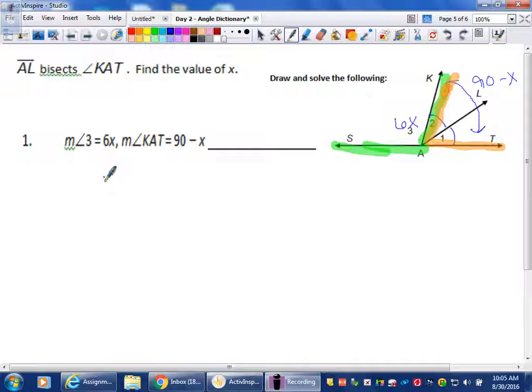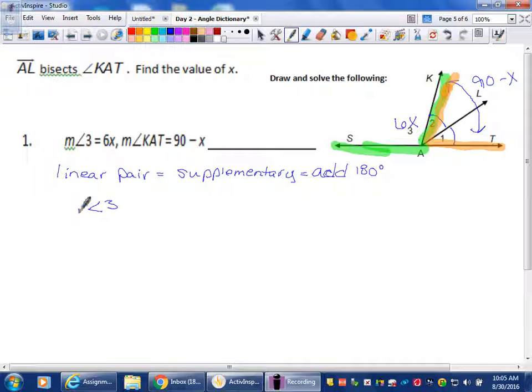Well, they're adjacent, right? And they form a linear pair. So they're a linear pair, which means they are supplementary, which means they add to what? 180 degrees.